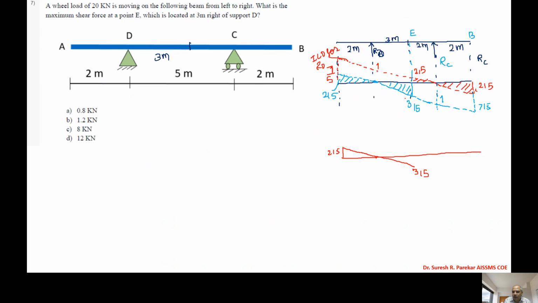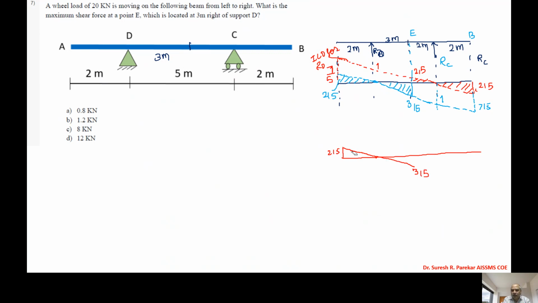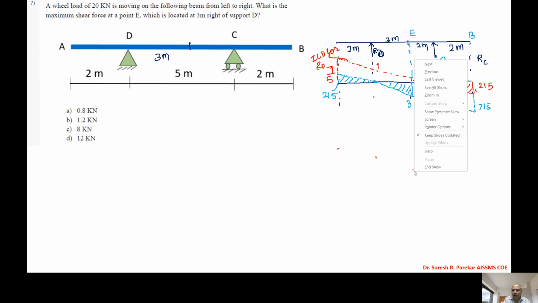Now I will better change the ink. Whichever portion we have considered, I will plot that portion in that color, so it becomes easy for you to understand things.